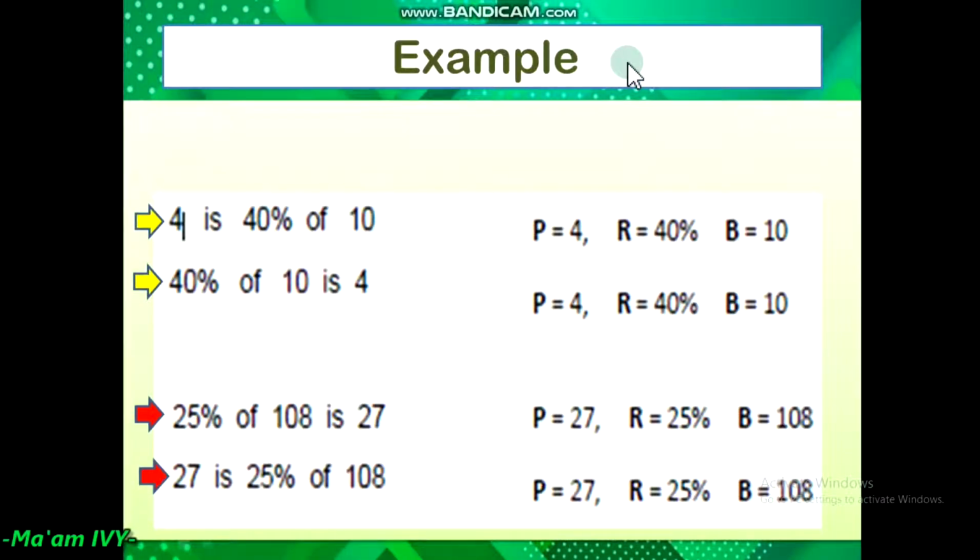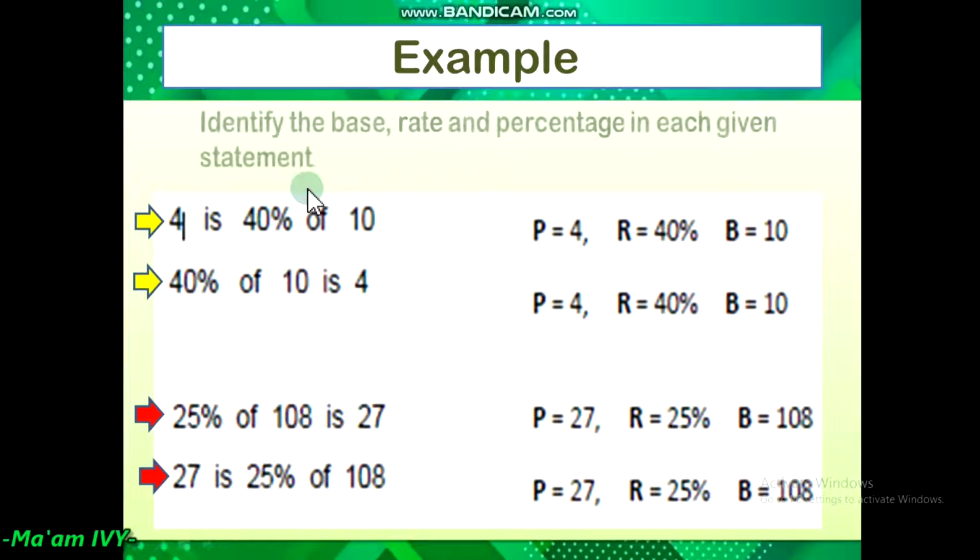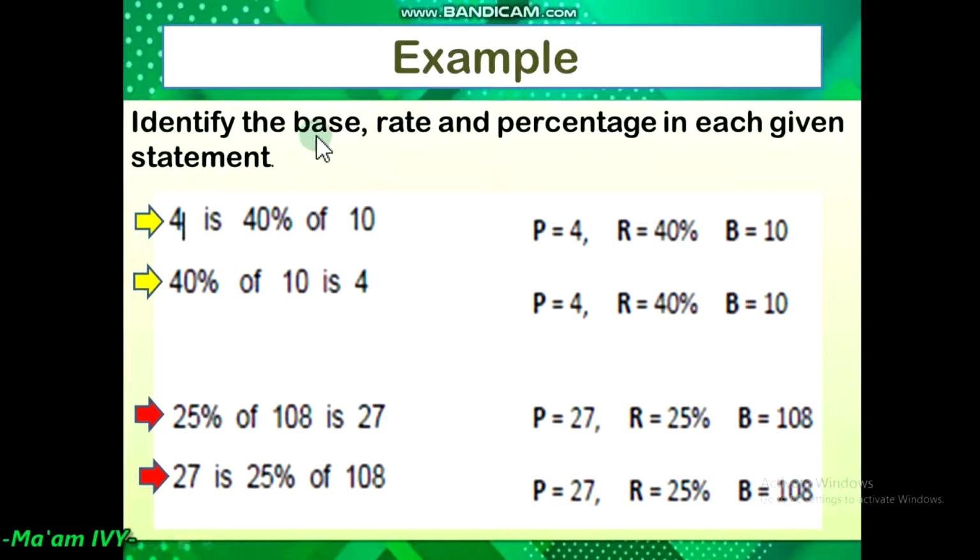Let's go to our example. Identify the base, rate, and percentage in each given statement. We have 4 is 40% of 10. In this statement, we are going to identify which is the base, the rate, and the percentage.